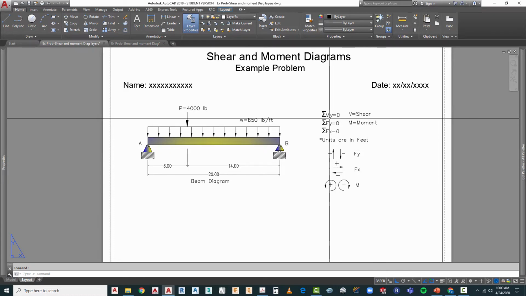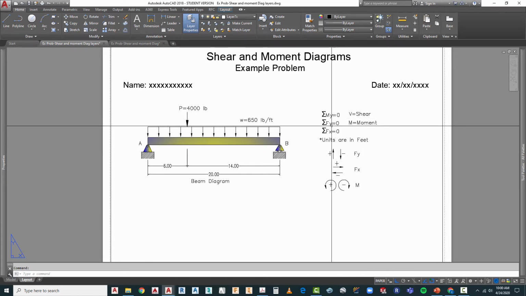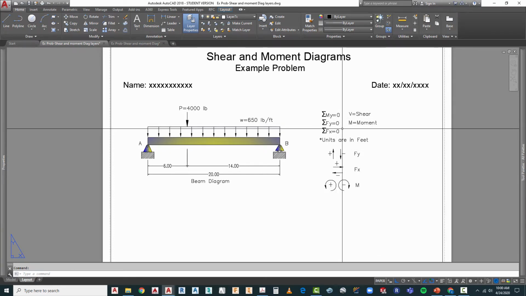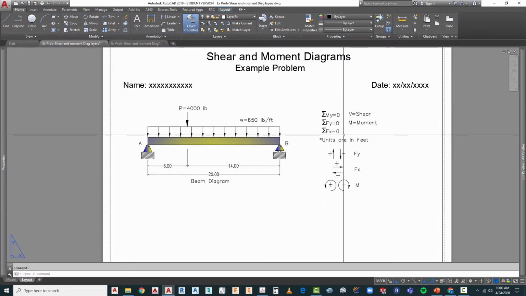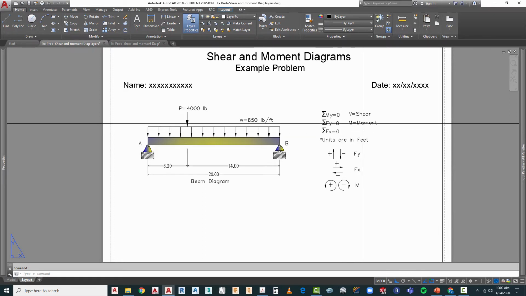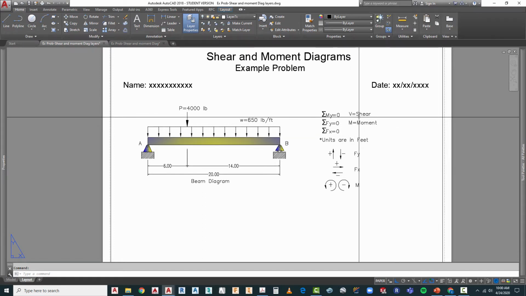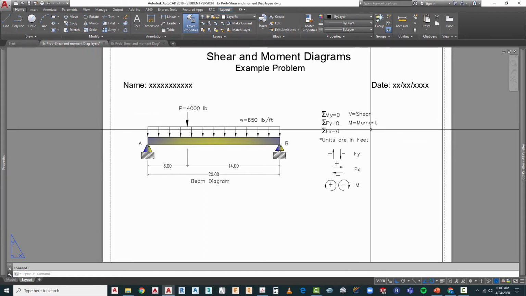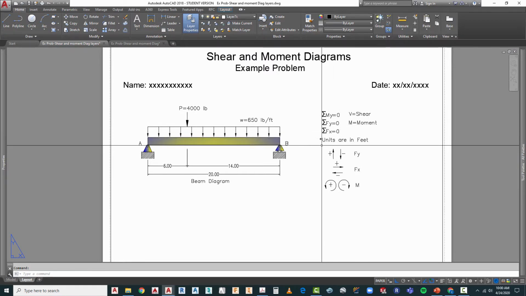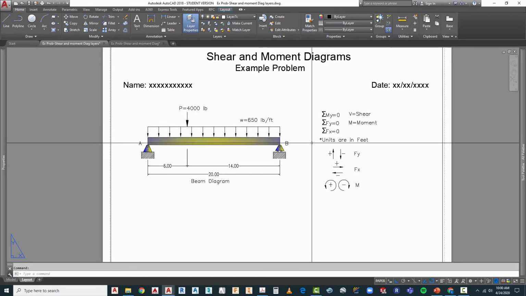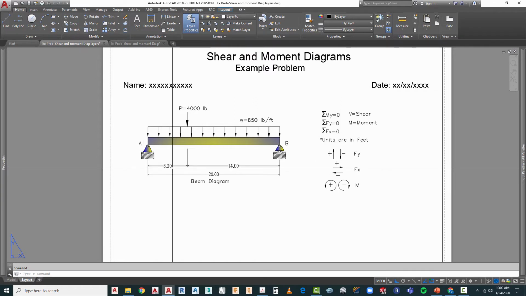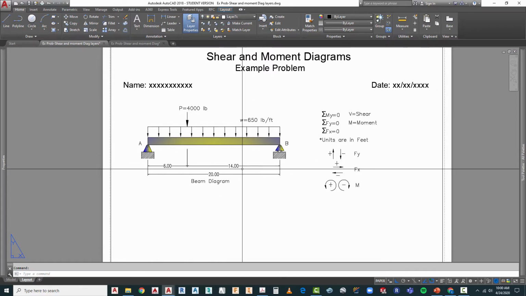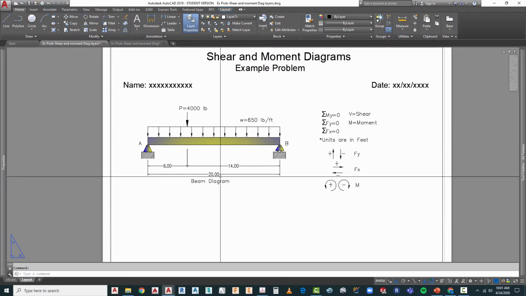The sum of all moments must equal 0, the sum of all vertical forces must equal 0, and the sum of all horizontal forces is 0. Also, when you see the letter V, that represents shear. When you see the letter M, that represents moment. Our units on these problems are in feet. So 6 here represents 6 feet, 14 feet, and 20 feet.